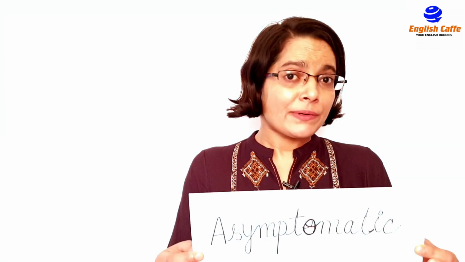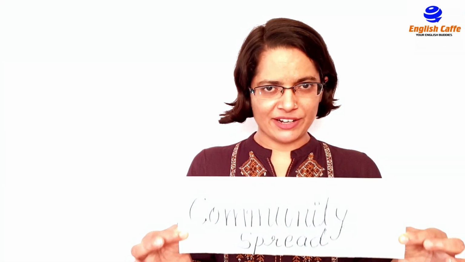Next one is asymptomatic. Asymptomatic is a person who might have the virus but has no symptoms. So there could be no symptoms but you could still have the virus. If that's the case, then you are asymptomatic. Next one is community spread.